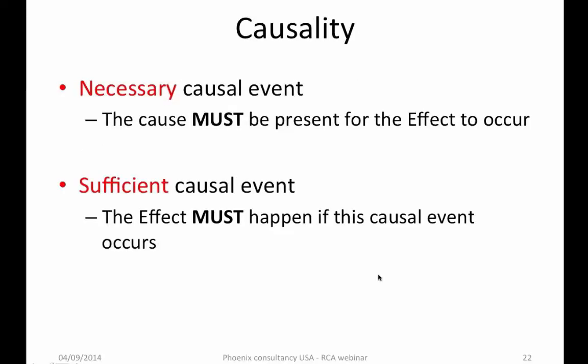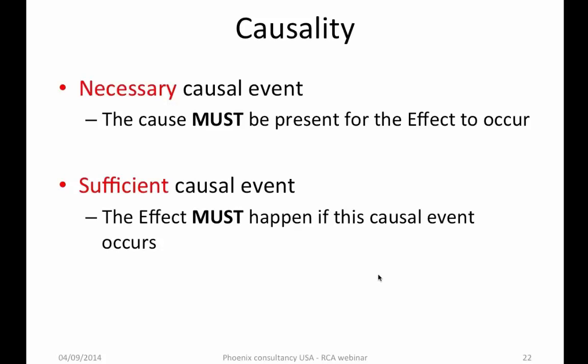One of the criticisms that have been raised about using fishbone diagrams is that they're fairly general about causality. And when we talk about causality, there are essentially 2 different types of causal events. We've got necessary causal events, and these must be present for the effect to occur.